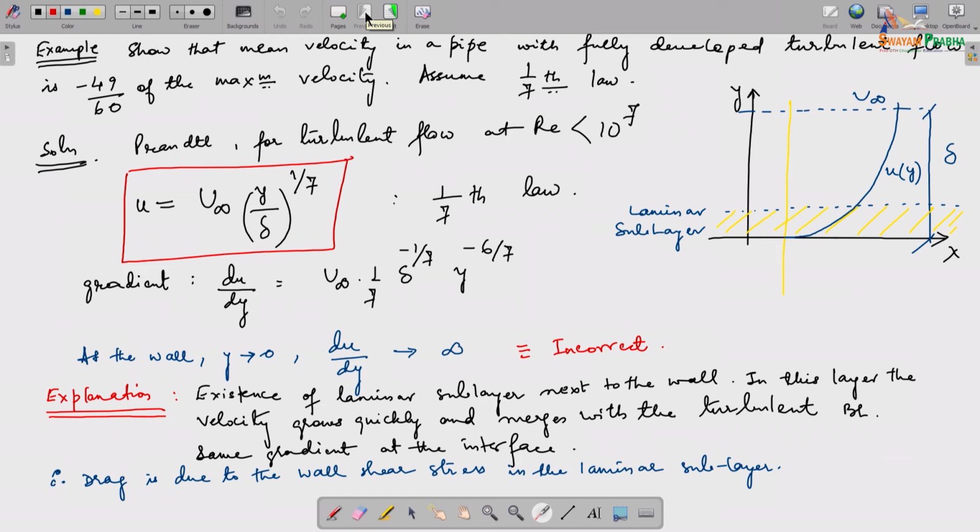Now let us look at one more problem like this and see what we make of it, see what we understand. Let's go to the next page.